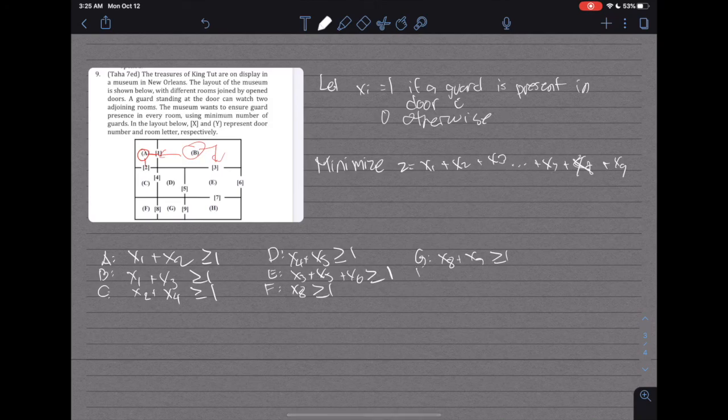And for room H, that's x7 plus x9 is greater than or equal to 1. xi is binary. There you have it. For a set covering problem, just make sure that all elements of the set are covered. So you determine what the set is, here it is rooms, and make sure that each element is covered by the given conditions.